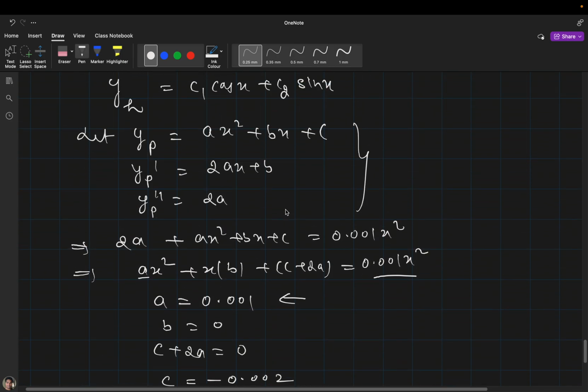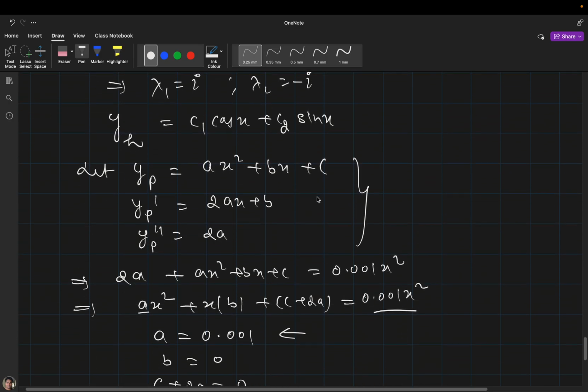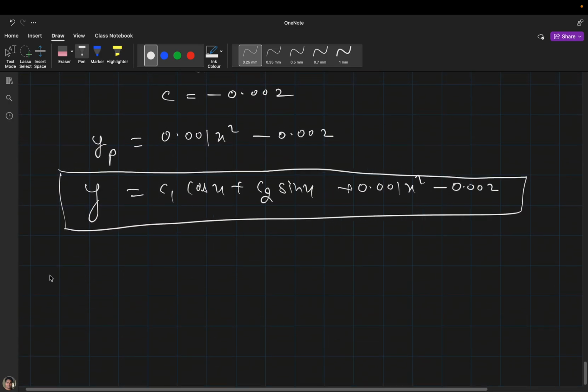Since you can see that we didn't use the principle of superposition, let's take one more example where I can use the principle of superposition. So suppose I have the differential equation something like this.